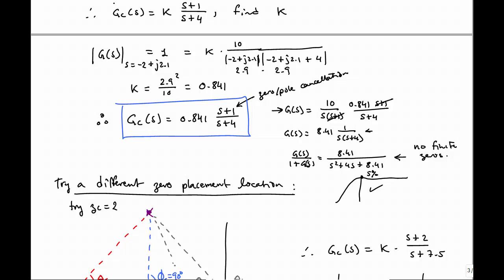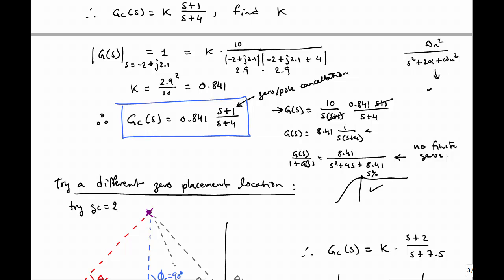if you recall, when we derived the transient characteristics for second order response, we used a transfer function of the form like omega n squared over s squared plus 2 zeta omega n s plus omega n squared, right? Notice no zeros.